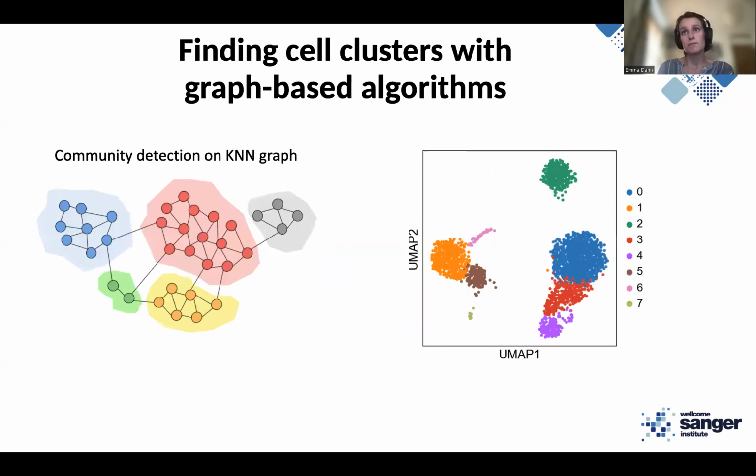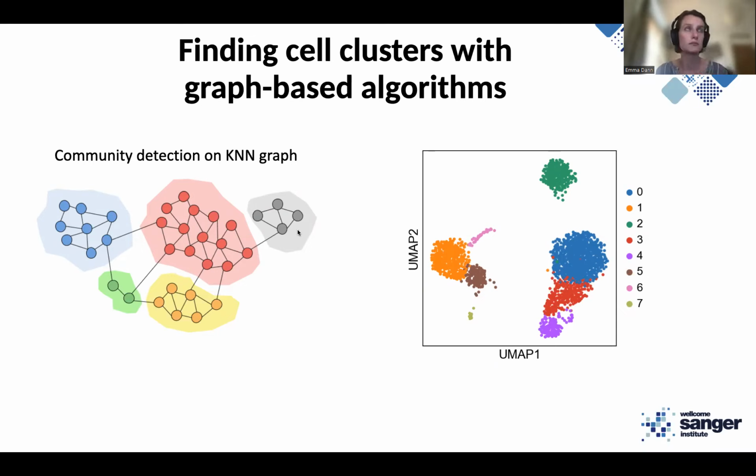Then the other main application for which the k-nearest neighbor graphs are used is clustering. As you know, if you've done genomics or other fields, there are a lot of different algorithms that you could use for clustering. But in practice, in single-cell genomics, the most commonly used algorithms are community detection algorithms that work on this k-nearest neighbor graph.